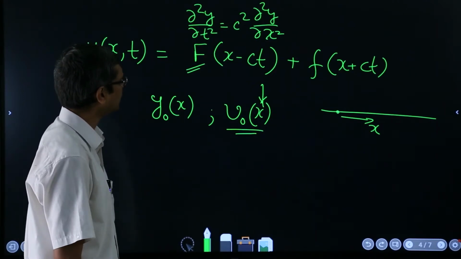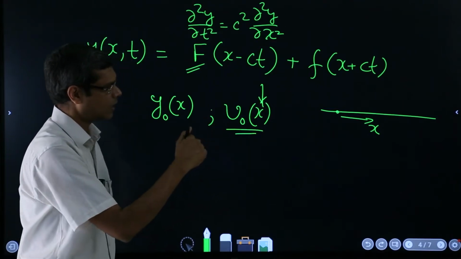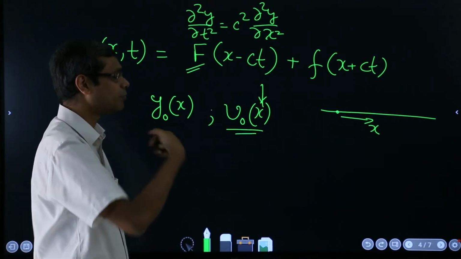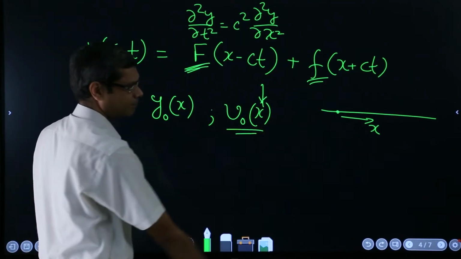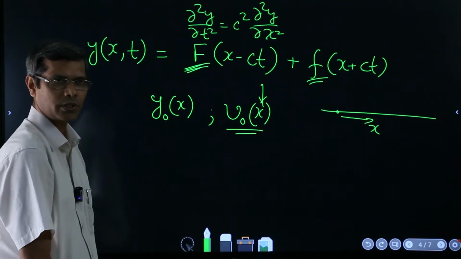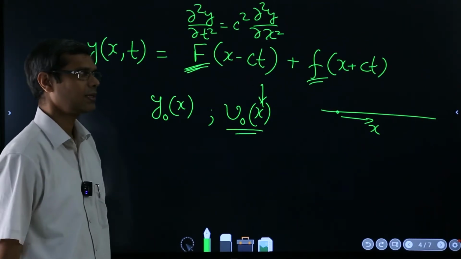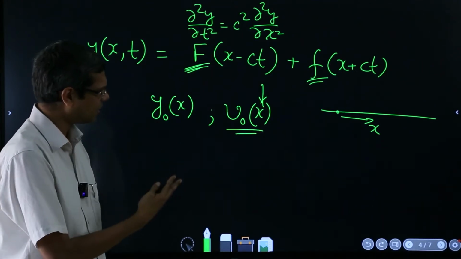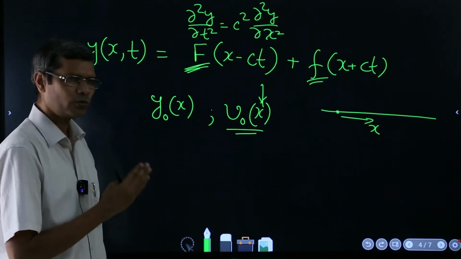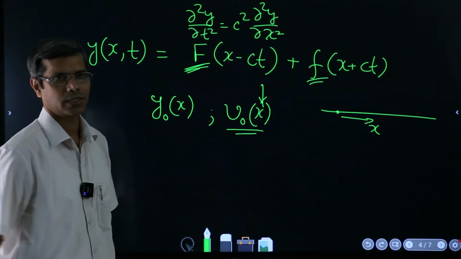But then how will this imposition affect these things is the question, okay, which we are trying to answer. For simplicity, there we were having a single mass system. Here we have removed complexities by removing the end conditions.